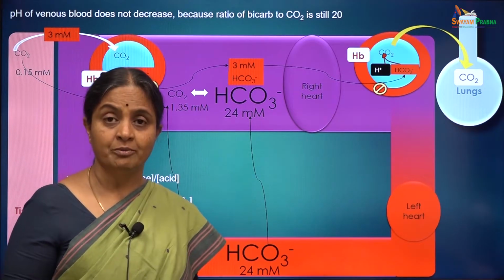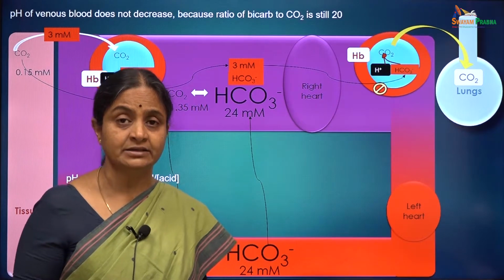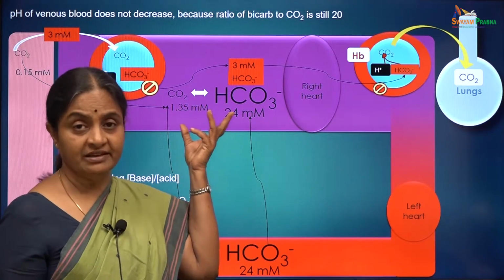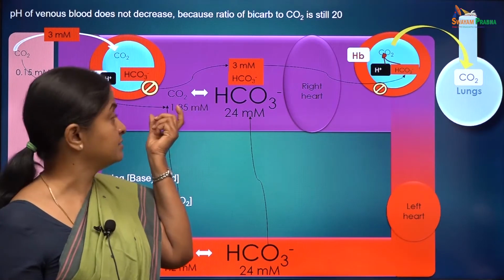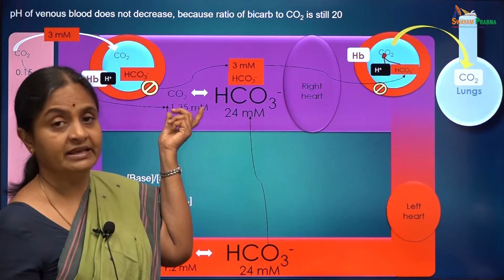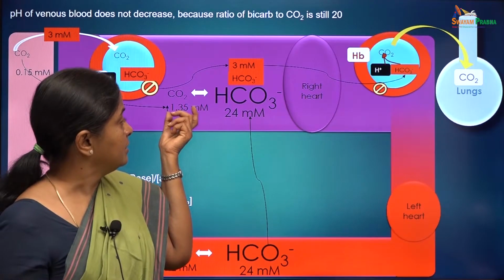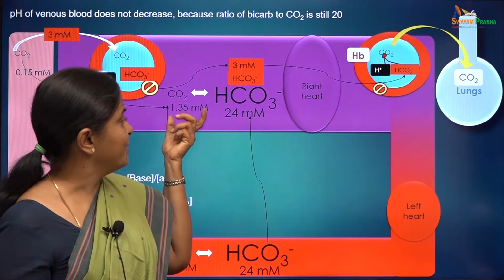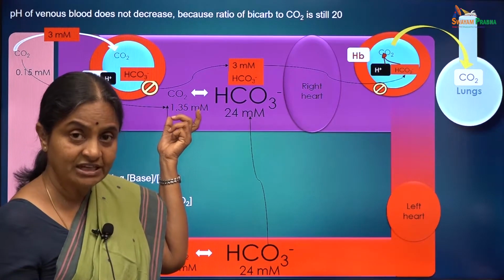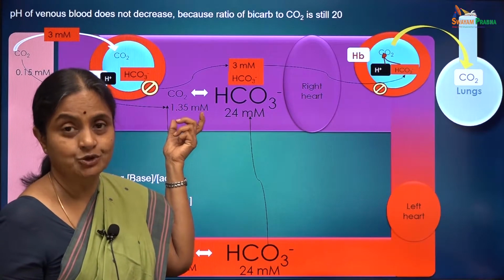This was a eureka moment for me when I understood that there's something that dictates how much of carbon dioxide can remain dissolved in venous plasma, so that the ratio of bicarbonate to carbon dioxide in venous plasma also remains around 20.